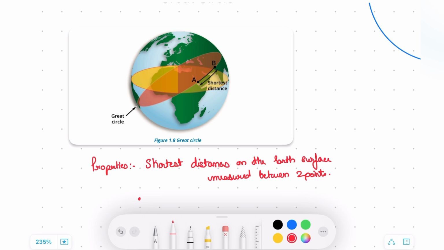Then, second, when viewed on the surface of Earth, it appears as a straight line.